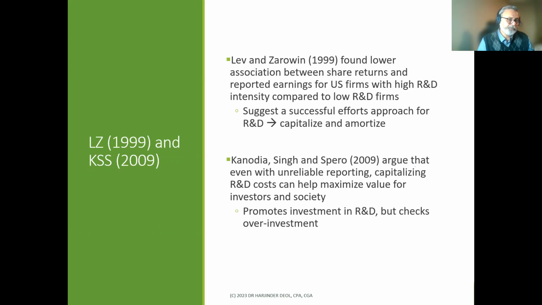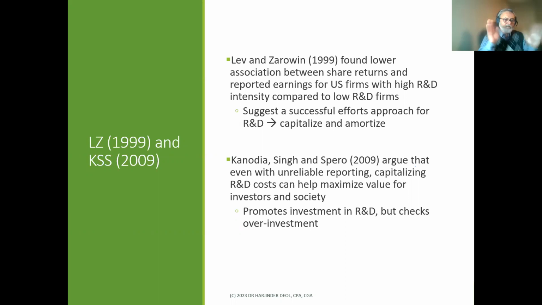That's IFRS for you. The question there is why? Why is there a distinction made? From an ASPE point of view, why does ASPE allow full costing for oil and gas companies, but not for R&D, right? Only development costs are permitted to be capitalized. Research costs have to be expensed. Why do you think?